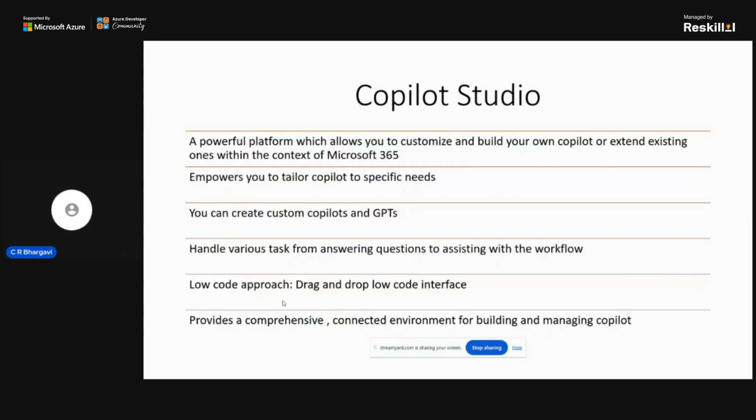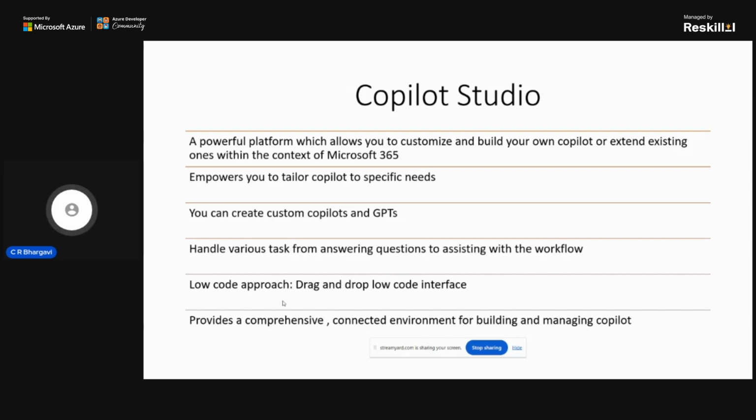And this is one way that you can do inside Azure. And the other way that we would be seeing is that you can have Copilot Studio. Copilot Studio is a very powerful platform which allows you to customize and build chatbots or your own Copilot. The word Copilot means the AI agent that we are referring to here, and you can build your own AI agent inside the context of Microsoft 365.